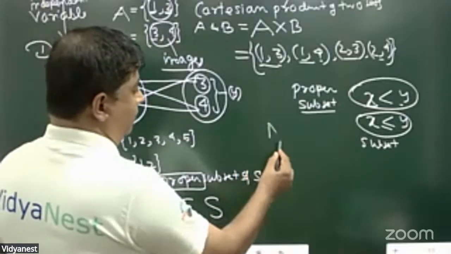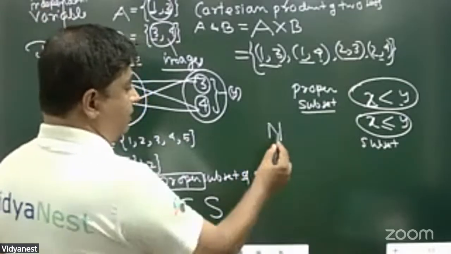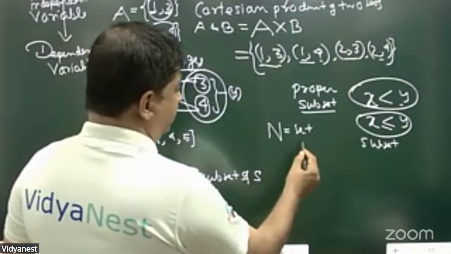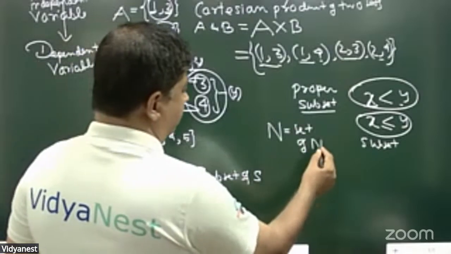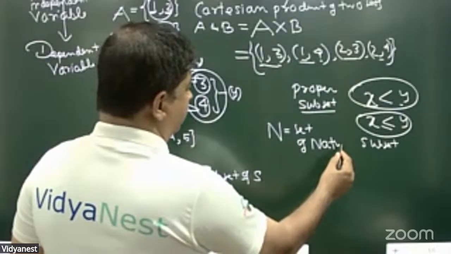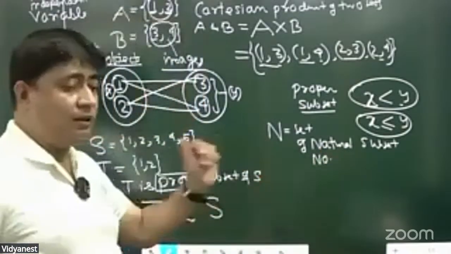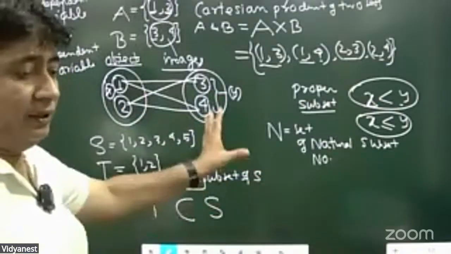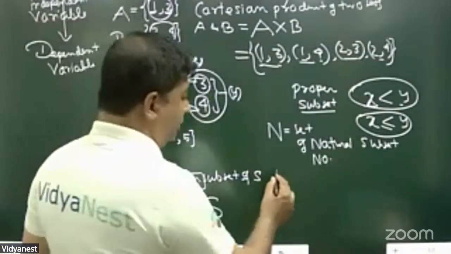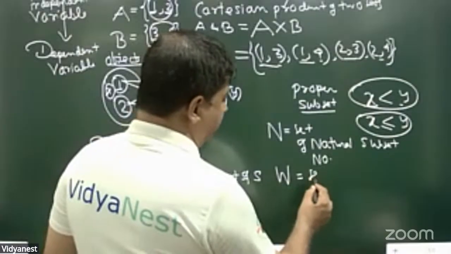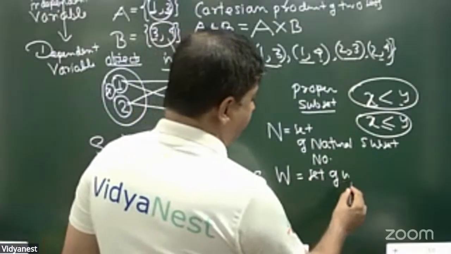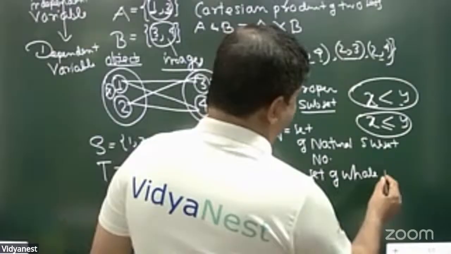So an example of a proper subset. Suppose natural numbers. This is the set of natural numbers, symbolically denoted by N, and W, the set of whole numbers.